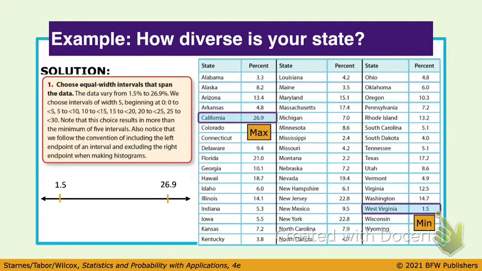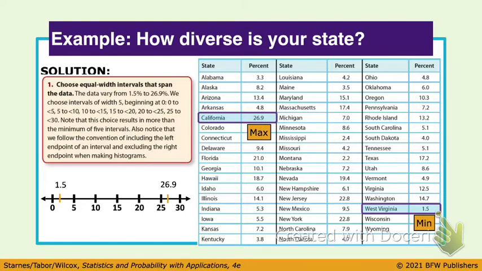And so the first thing we need to do is find what our intervals are going to be. So we want to find the minimum and the maximum values in our data. The minimum value is West Virginia at 1.5. The maximum value is California at 26.9. So I've got to get from 1.5 to 26.9-ish.